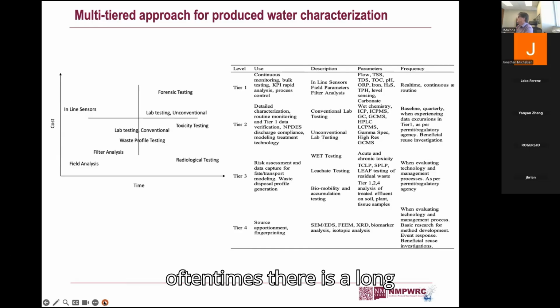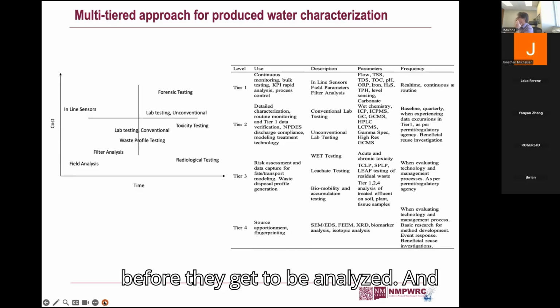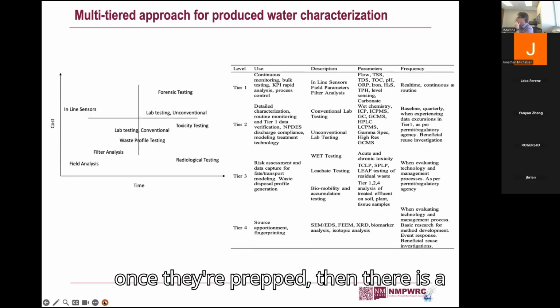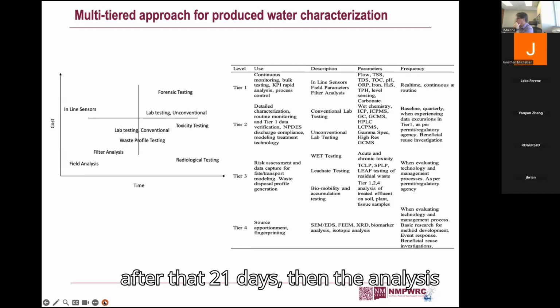So oftentimes there's a long waiting list. Your samples are going to be waiting in line before they get to be analyzed. And once they're prepped, then there is a 21-day in-growth period. And then after that 21 days, the analysis happens.